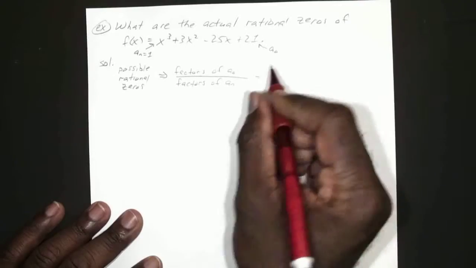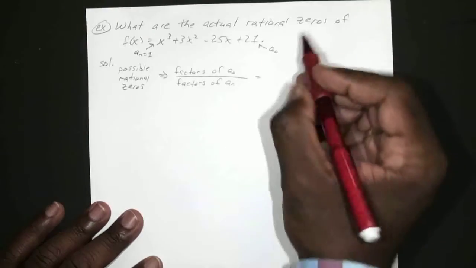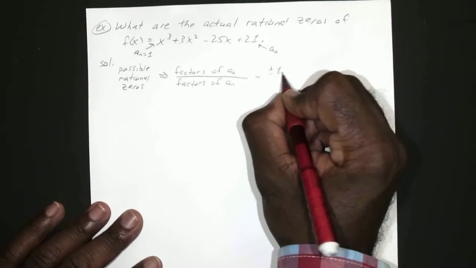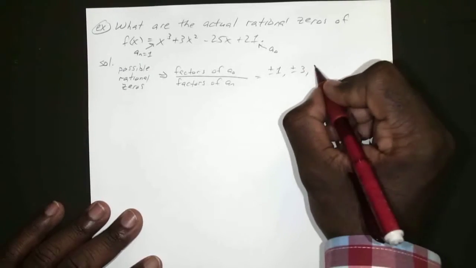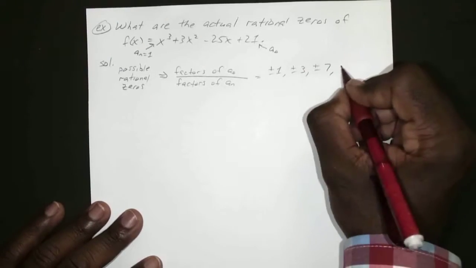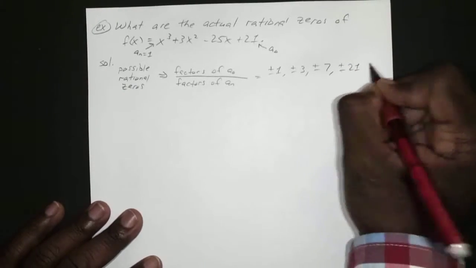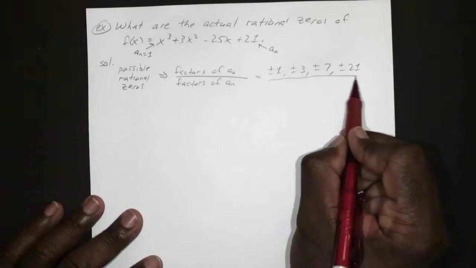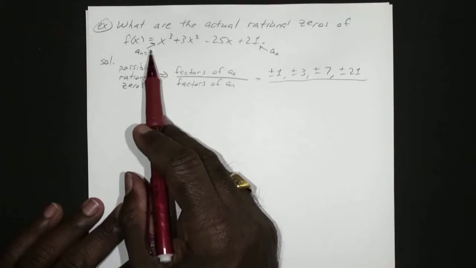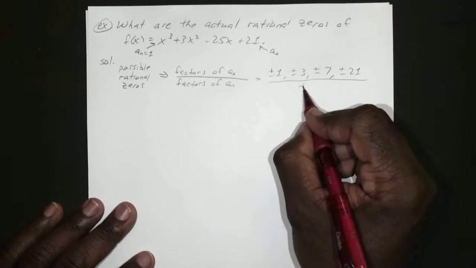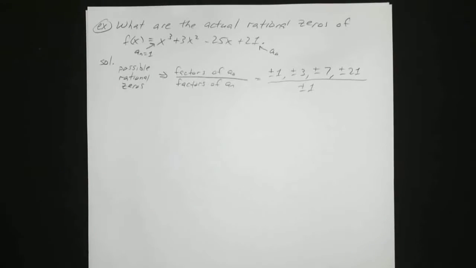All right, so for 21, you have plus or minus 1, plus or minus 3, plus or minus 7, plus or minus 21. Those are all factors of 21. And for your lead coefficient of 1, you just have plus or minus 1, which you really don't need, so you're good there.